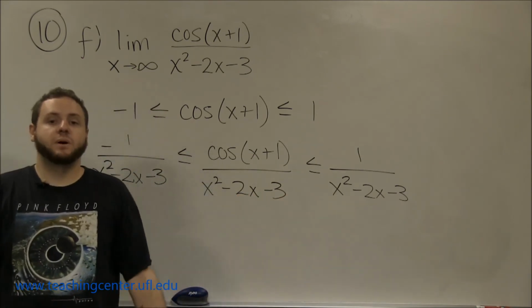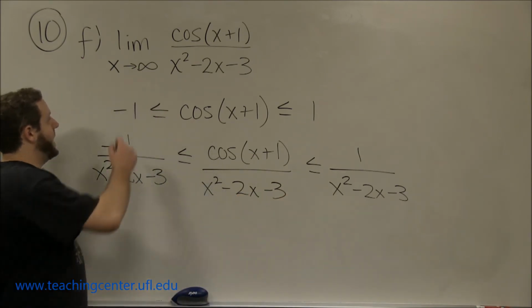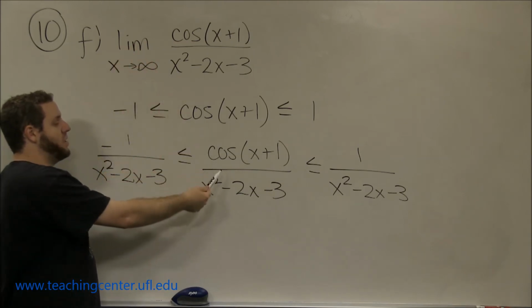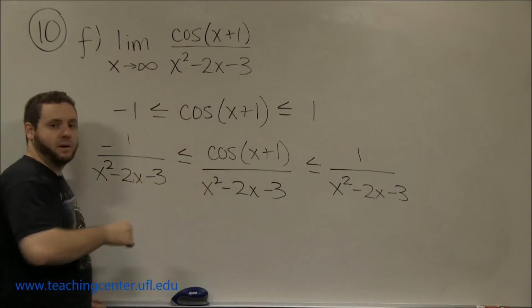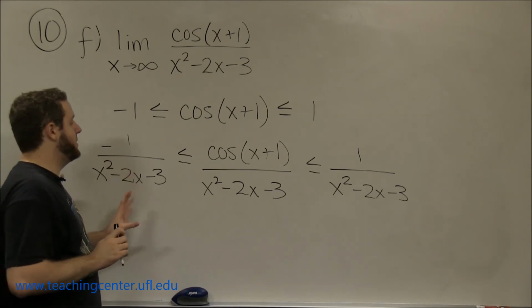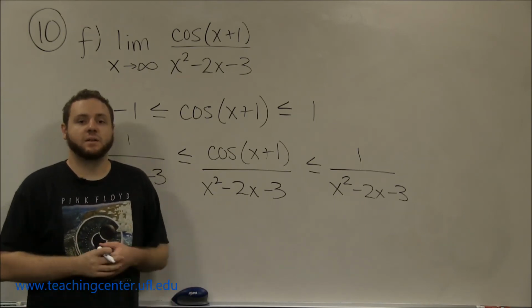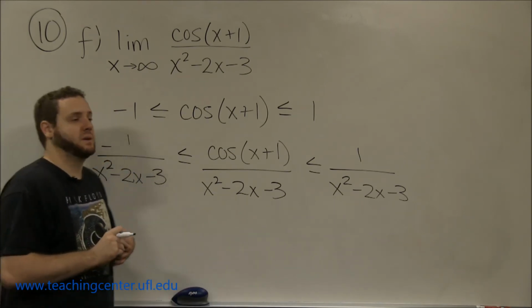Now that's helpful to us because now when we apply this limit, even though we don't know what the limit of the center part is, we can figure out the limit of the left and right sides, and that's going to tell us what the middle one has to be.